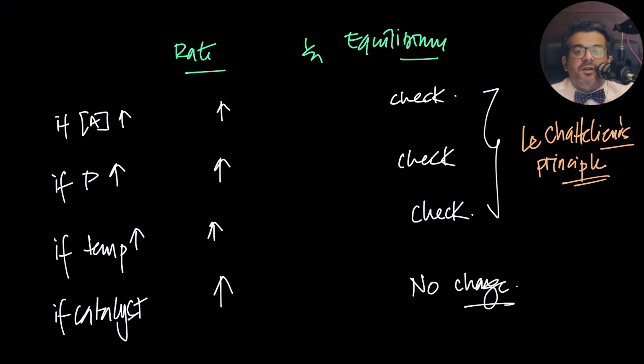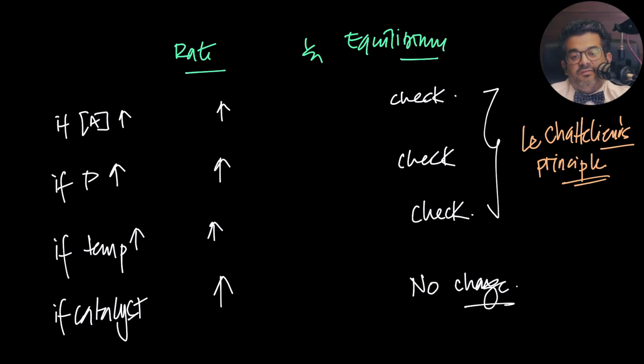The last 3 classes were us checking and seeing individually. There's no universal way every reaction will go forward. Universally, rate will increase if concentration increases. That's always going to happen.